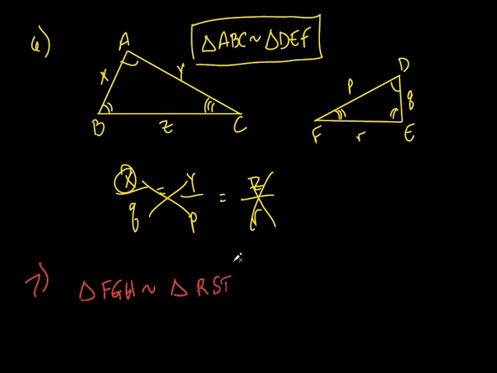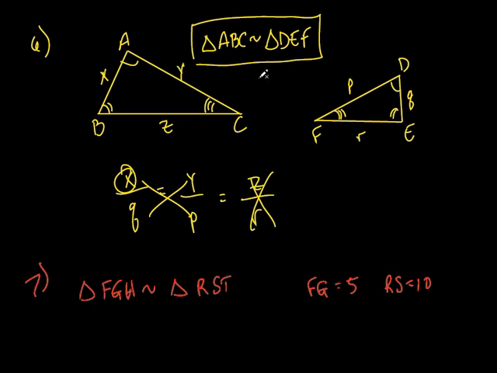I'm trying to use different letters. So they'll tell you this, and they'll tell you what some of these sides are equal to. They might say side FG is equal to 5, and side RS is equal to 10, and all that kind of thing. So they don't draw the picture. They'll just give you the information, but it's pretty much the same as this. You set up your proportions, you cross multiply, and you solve for whatever they ask you to solve for. They just set it up differently for you.